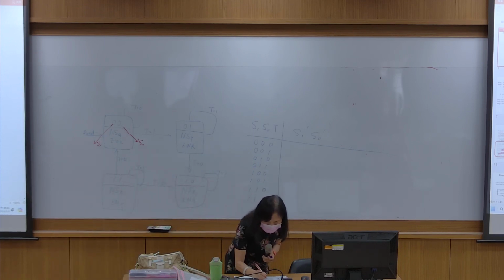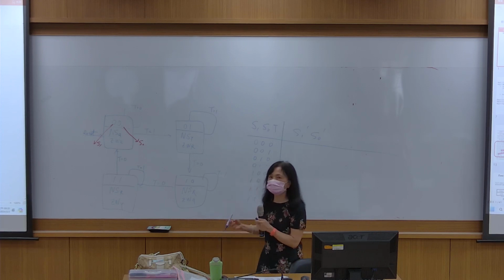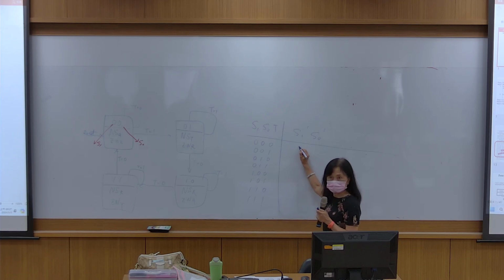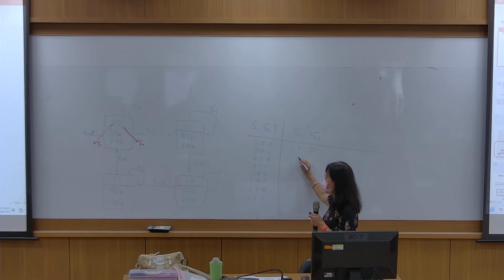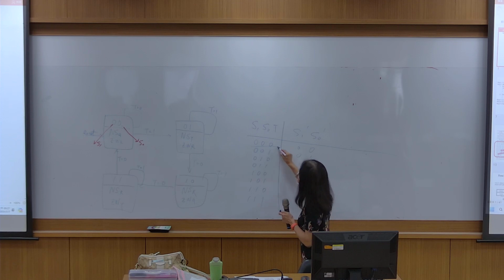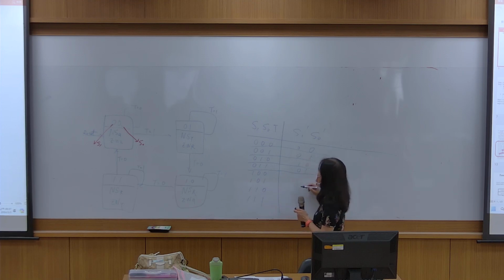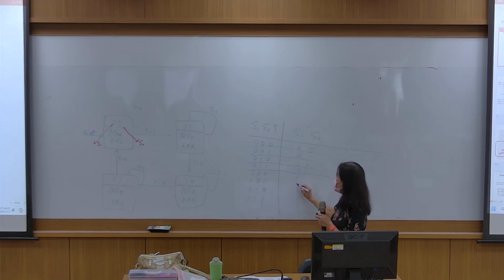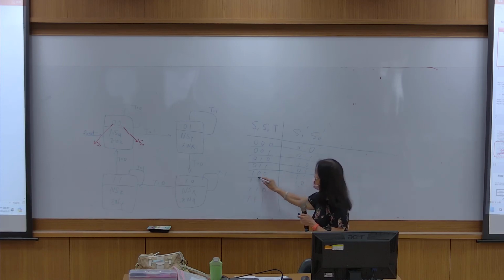Easton, 0, 0, what's the next state? 0, 0, 0, 0, 0, 1, 0, 1, 1, 0, 1, 0, 1, 0, 0, 1, 0, 1, 1, 1, 1, 1, 1, 0, 1, 0, 0, 0.